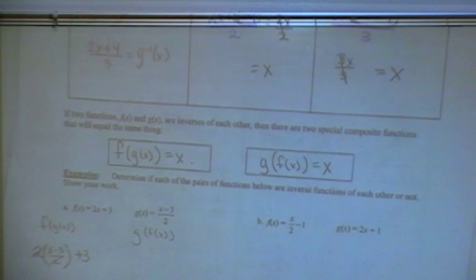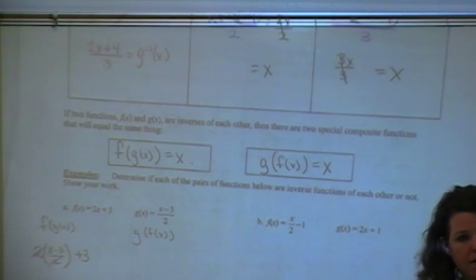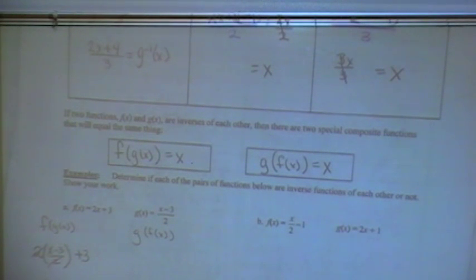Well, that one worked. I got x. You still have to try the other one because it is possible that one composite will give you x and the other one will not. So you got to try them both. So now we're going f into g.